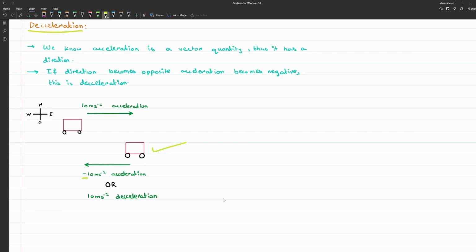This is because in the first scenario the cart was accelerating towards east. In the second scenario it's going in the opposite direction, which is west. So the magnitude has become negative. We can call this minus 10 meters per second squared of acceleration, or just simply remove the negative sign and call it deceleration. So 10 meters per second squared deceleration.